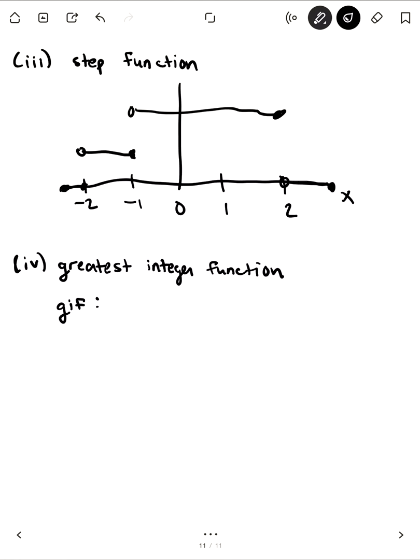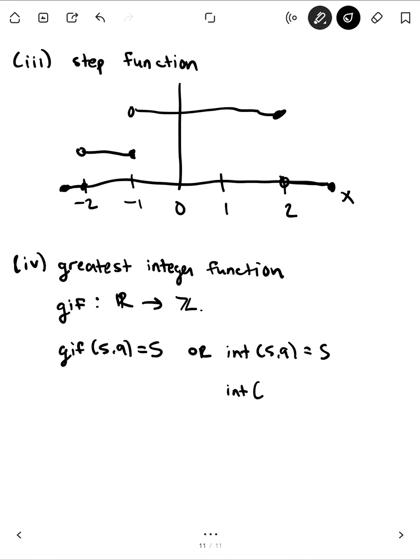It is an example of a function that goes from the real numbers to the integers, and you assign it the largest integer that is smaller than that real number. So, for example, GIF of 5.9 equals 5. Okay, the book sometimes uses int, so int of 5.9 equals 5.